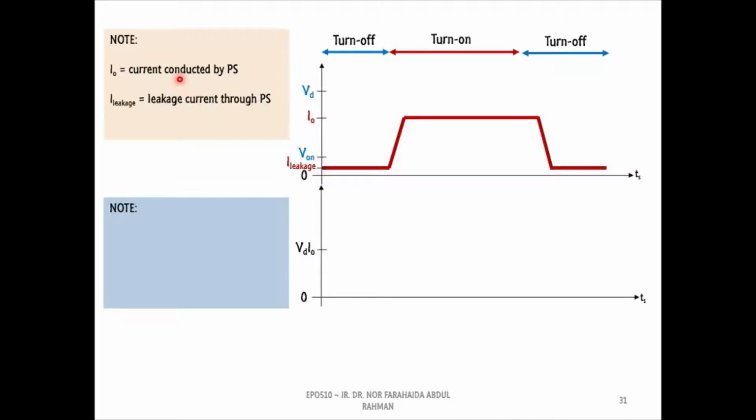Subsequently, we can sketch the waveform of voltage blocked by the power switch during the off state and voltage drop, or on state voltage, during the on state as follows.